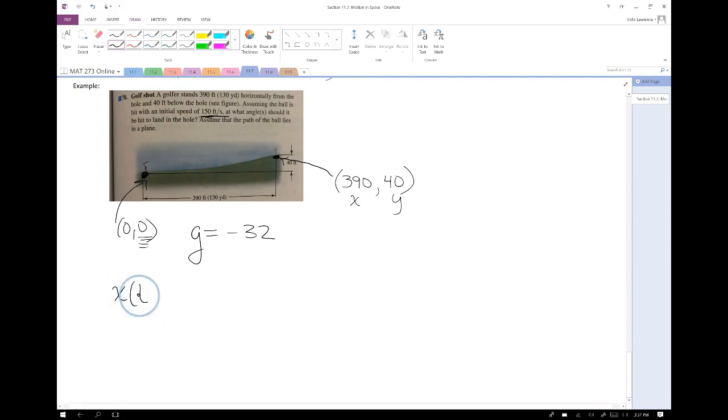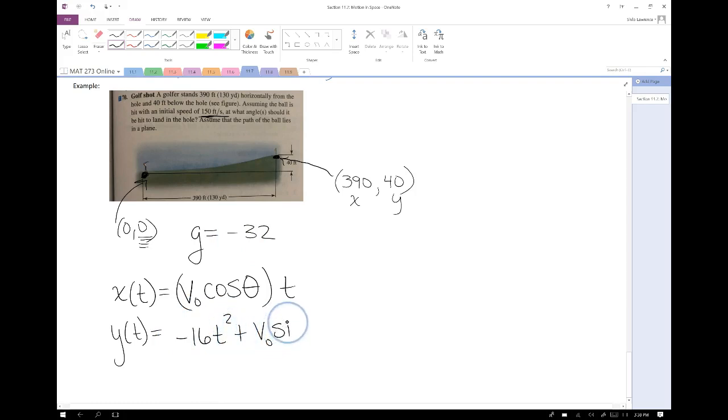I'm going to set our x of t and y of t functions individually since we were not specifically asked to state the vector valued function. We know the x component for this vector valued function is initial velocity times cosine theta times t. And our y component function is, since we're in feet, going to be -16t squared plus v sub 0 sine theta t.